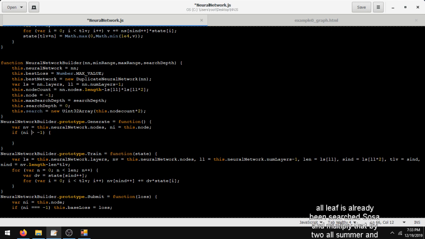So then if this is -1, we're going to initialize all the nodes here to the minimum range. Oh yeah, and I got to set the range values here.